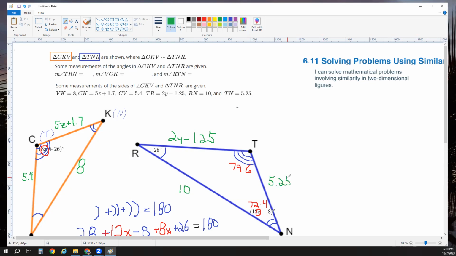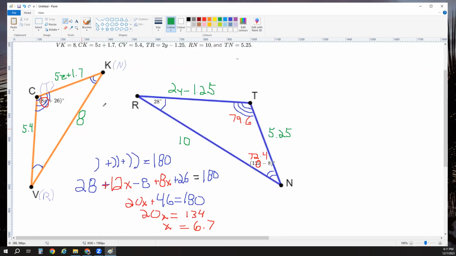Now we gotta solve for stuff here. Right, first, what's our ratio? Do we know a good ratio here? That's what we need to figure out first. So do we have any of the line segments that don't have a variable? NR, RN, and KV are supposed to be similar, and they don't have a variable.